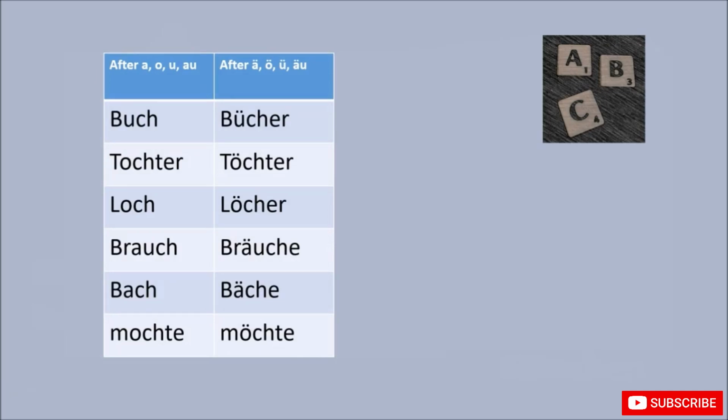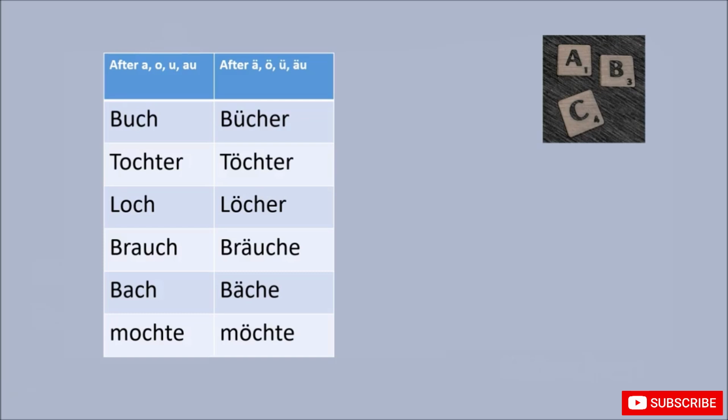So quite often the word changes and the pronunciation changes. Here we've got a list of words where I've actually only added an umlaut. Most of them turned it from singular to plural. So the singular word, Buch, because it's after a U. But then the plural is Bücher. Singular is Tochter. And the plural, Töchter.